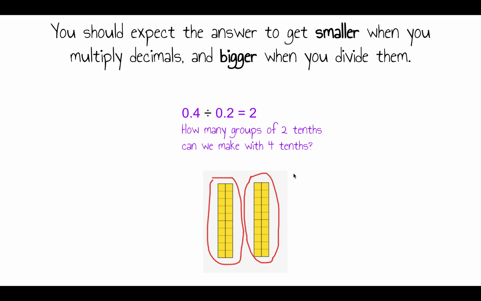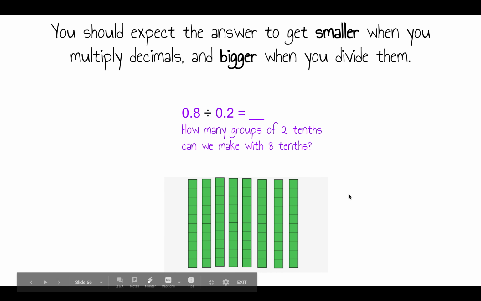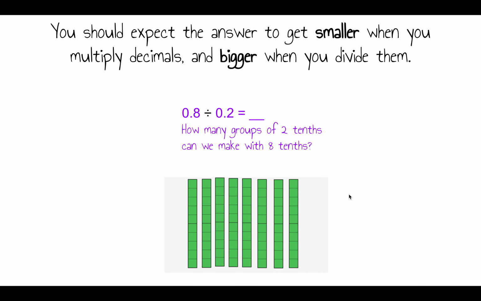Let's look at a division problem. So we saw a problem where we said, how many groups of 2/10 can we make with 4/10? Or what's 4/10 divided into groups of 2/10? And we see it's 2 groups. So with this one, 8/10 divided into groups of 2/10, do you expect your answer to be smaller or bigger than 8/10?